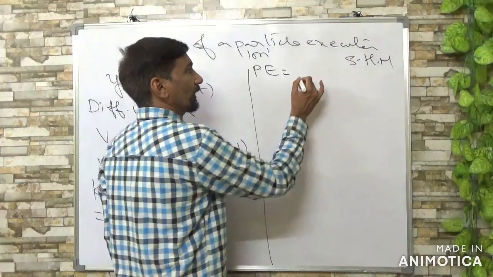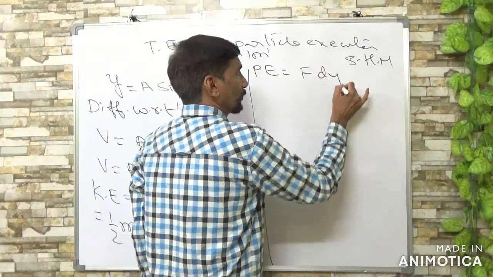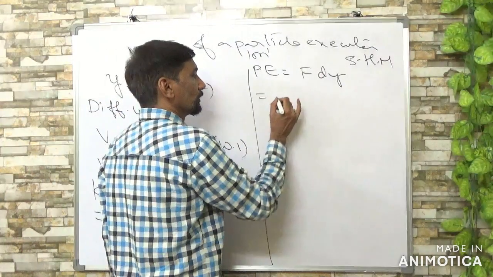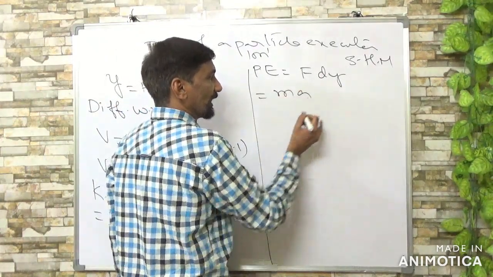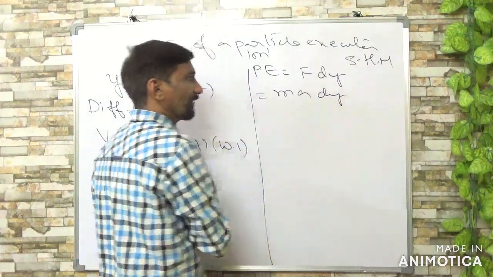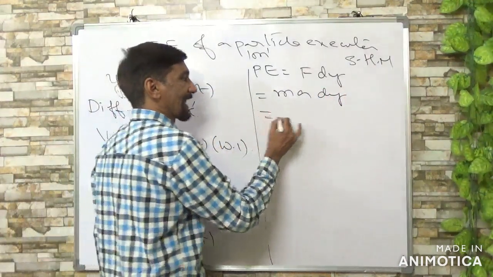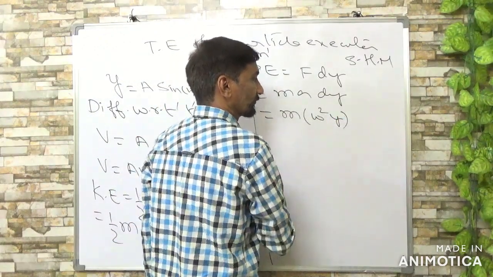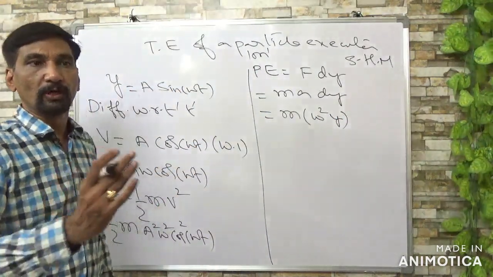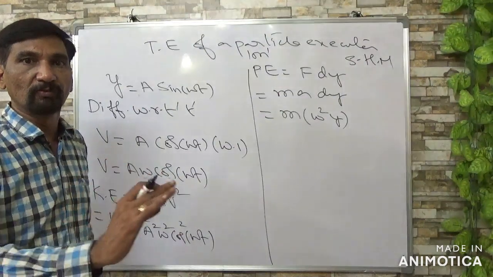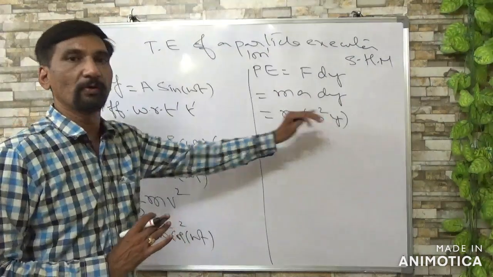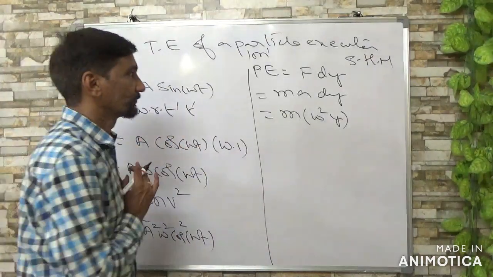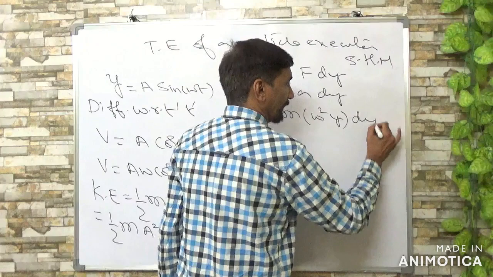You know, work done is always force into displacement. Force according to Newton's second law is ma, right, dy. But what is the acceleration of the body? Minus omega square y. So whenever a body executes SHM, what is the formula for acceleration? Minus omega square y, where the negative sign indicates direction, and dy.